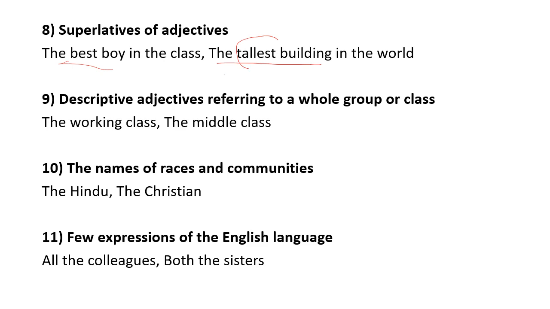We use the before descriptive adjectives referring to a whole group or class, like the working class, the middle class. It's similar to the first example. Then the names of races and communities, like the Hindus, the Christians. We use the before a few expressions of the English language, like the colleagues, both the sisters.